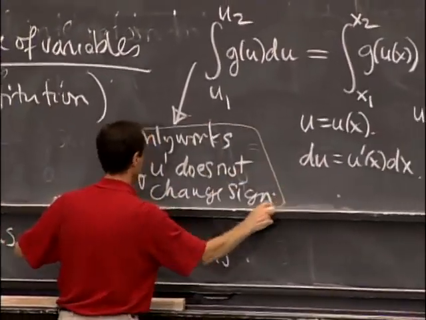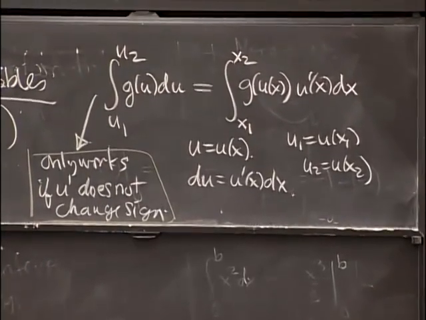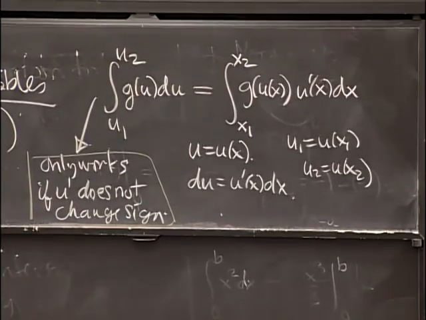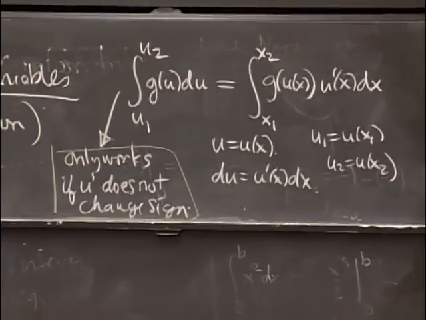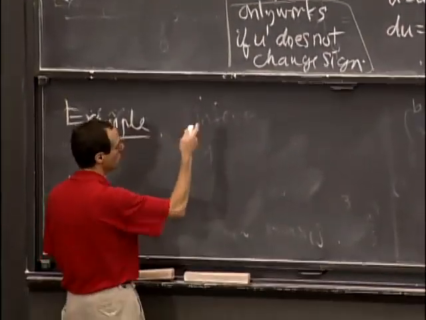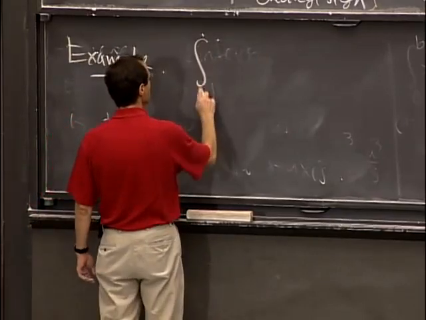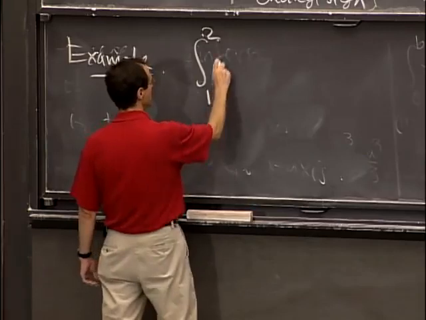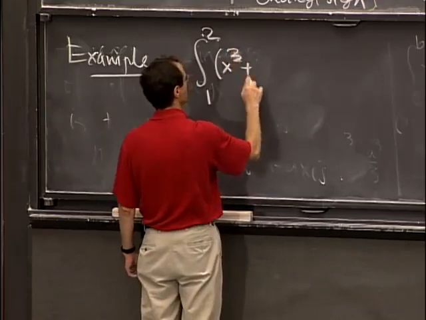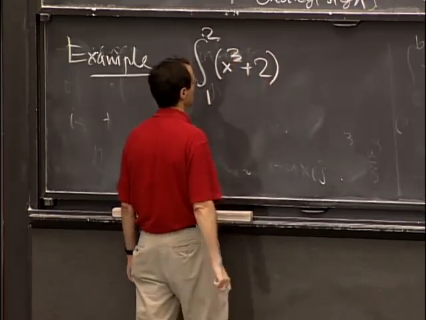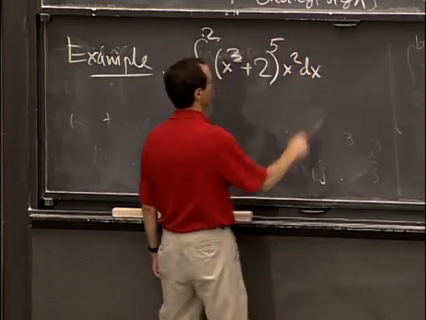All right, let me give you an example. The example will be maybe close to what we did last time, when we first did substitution, I mean. Let's see. So the integral from 1 to 2, this time I'll put in definite limits, of x cubed plus 2, let's say, to the 5th power, times x squared dx.